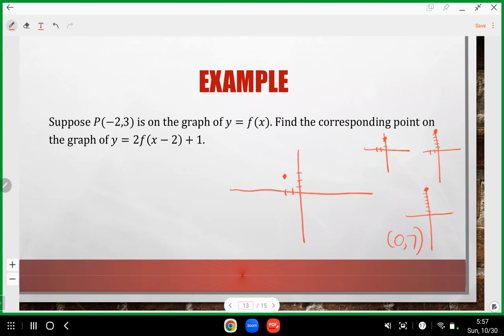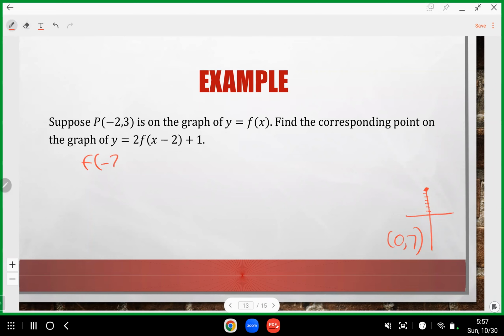Not the best solution, because you're going to have to draw all of these lines, all of these graphs, to get your answer. So I'm going to introduce a new method. Let's say that this point is on your graph. That means that f of -2 is equal to 3.